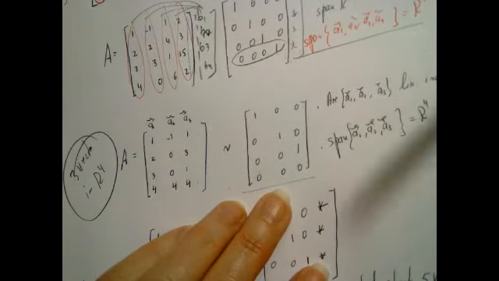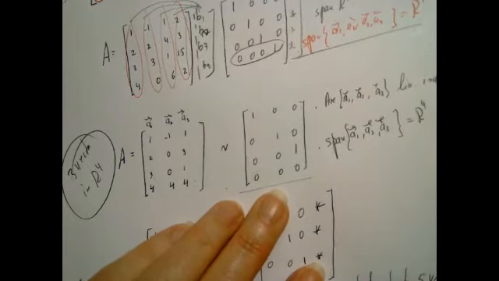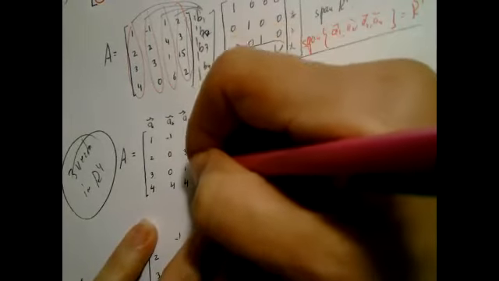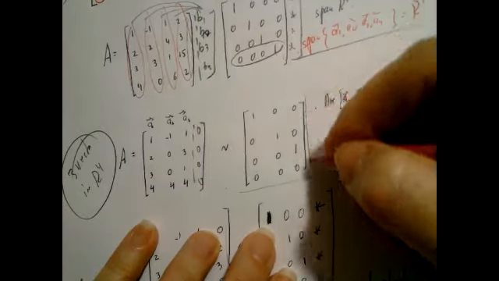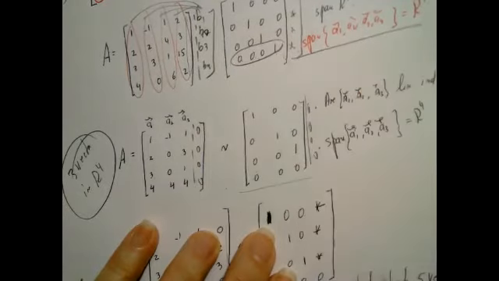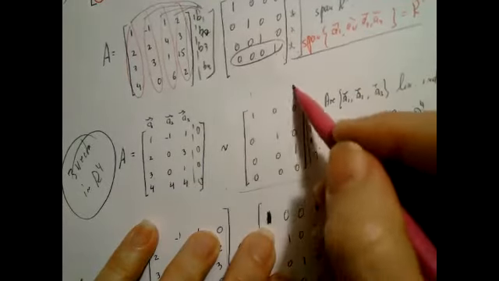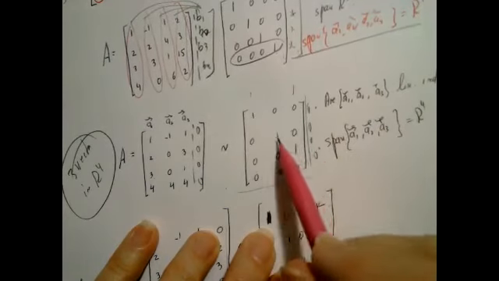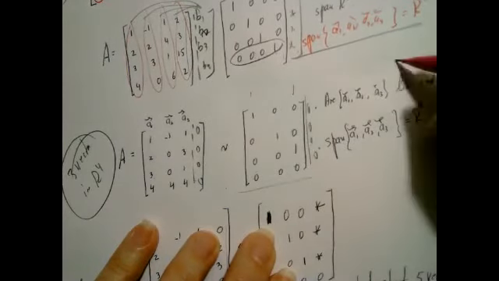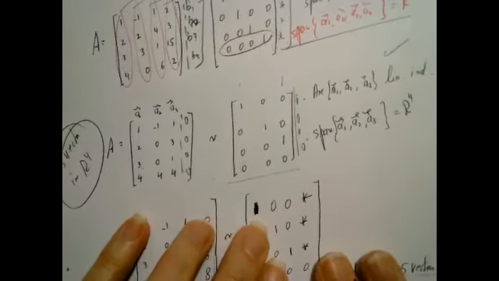Yes or no? Yes, because if we solve the system with zeros on the right, I have a leading entry in every column, so x3 will be 0, x2 0, x1 0.